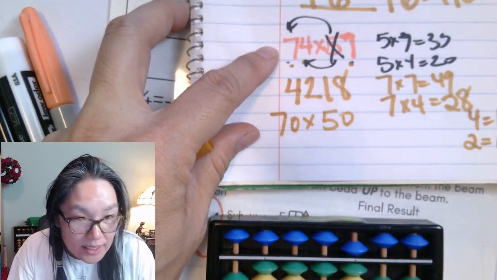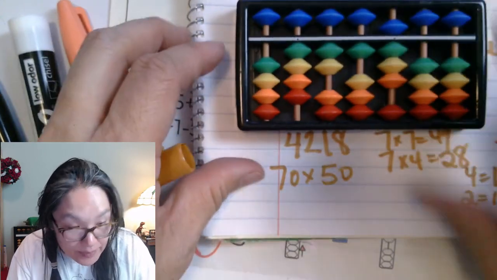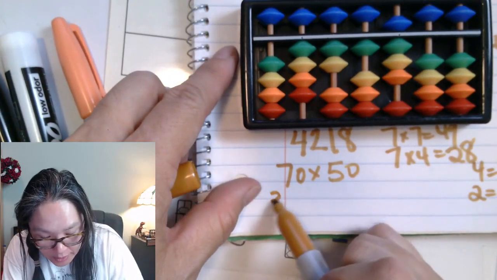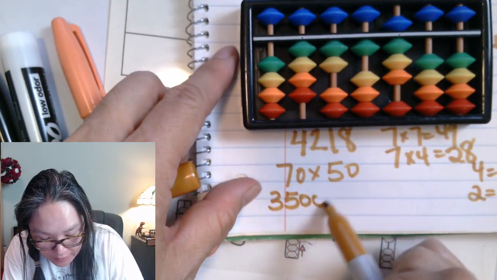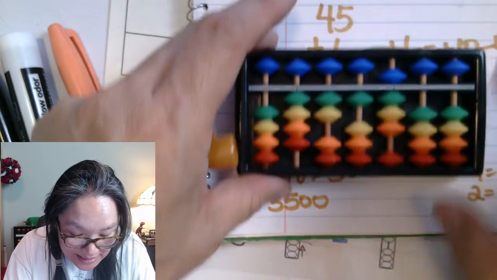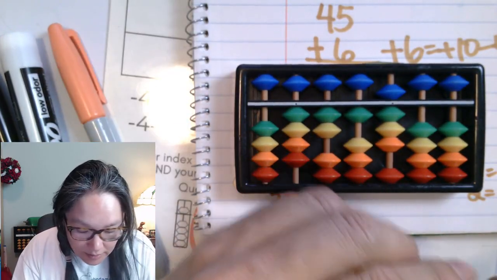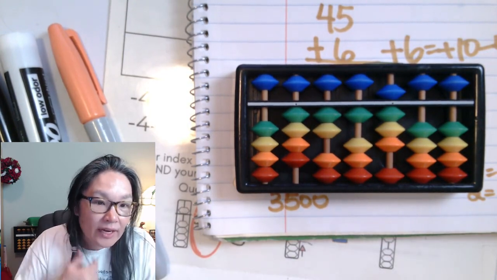The reason why it's different is because the abacus tracks it for us. Does that make sense? We don't need to say 3,500. The reason why is because it does it for me on the abacus. And that's why it's very helpful.